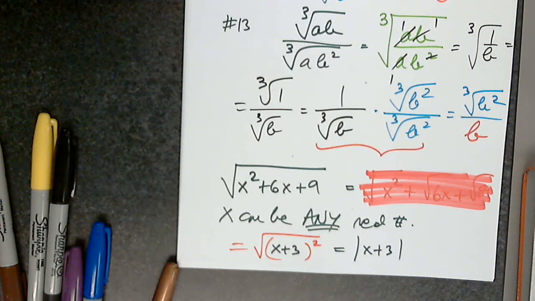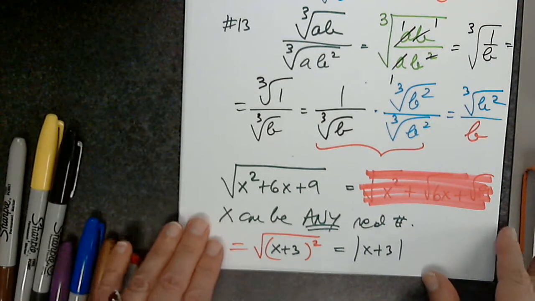Let's look on page 648. And let's choose anything from 15 through 19. And then I would like to review complex numbers. Okay, let's start with 17.